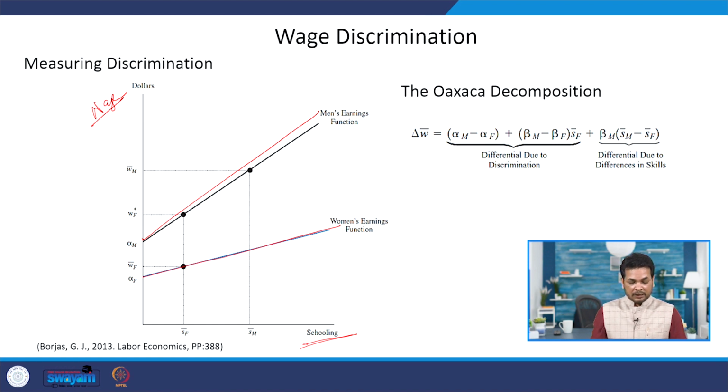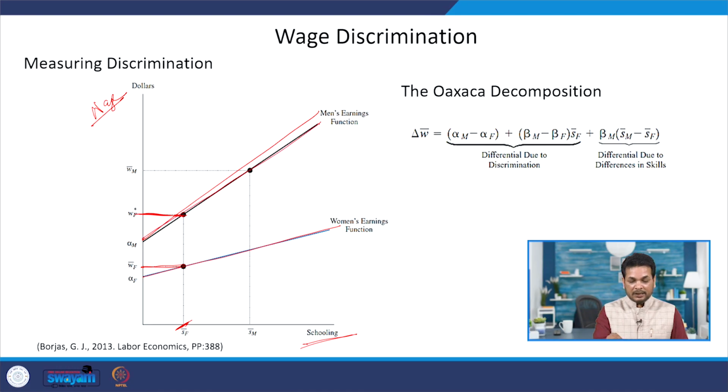Now, consider the gap in the wage rate between the men's earnings function and the women's earnings function. With schooling SF, the female is going to get the wage rate WF. If there were no difference in wage earnings, the female should have earned W star F with the same amount of schooling.